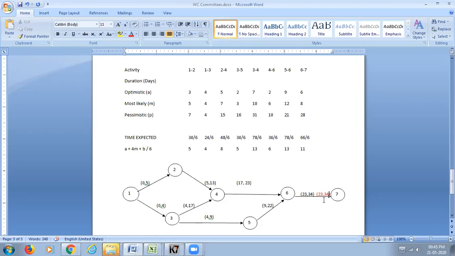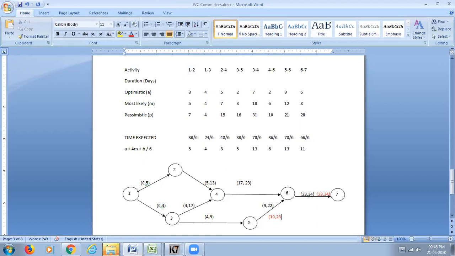Now 6 to 7 should start at 23, which means 5 to 6 must complete at 23. They have to complete at 23. When should they start? 23 minus 13, which is 10.